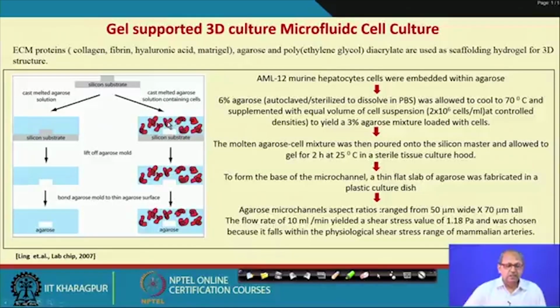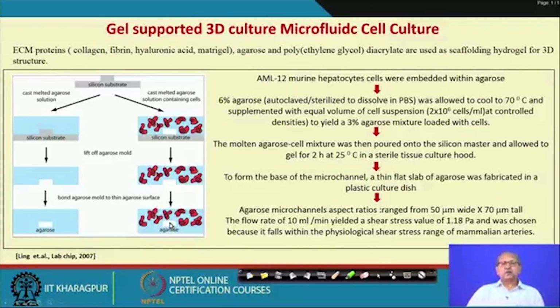Then we lift up the agarose embedded with cells, and we put another agarose layer at the bottom, by melting it a little bit, by which the bottom layer and upper layer can be sealed, and then after cooling this is totally sealed, and this is the fluidic channel. You can pass the media through that fluidic channel.